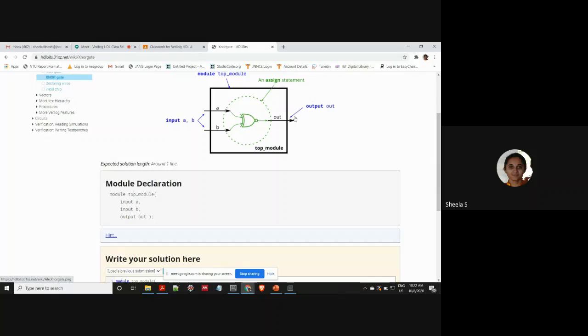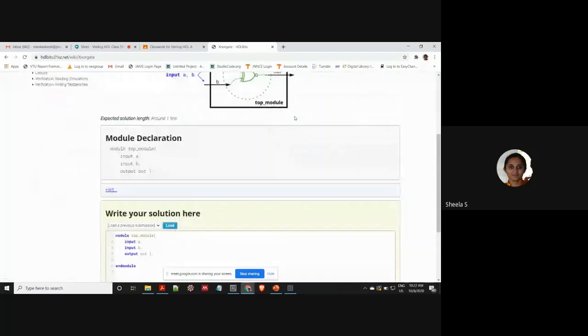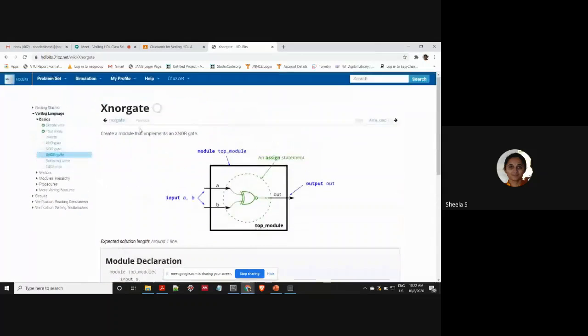Those who have not installed the software can use this website to learn Verilog coding. If you have any doubts in this, we can discuss.